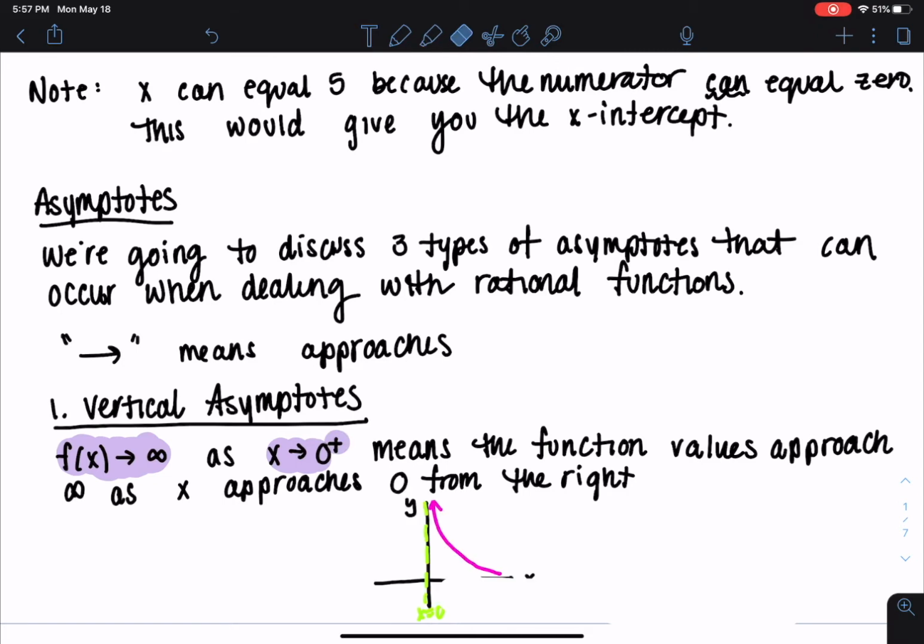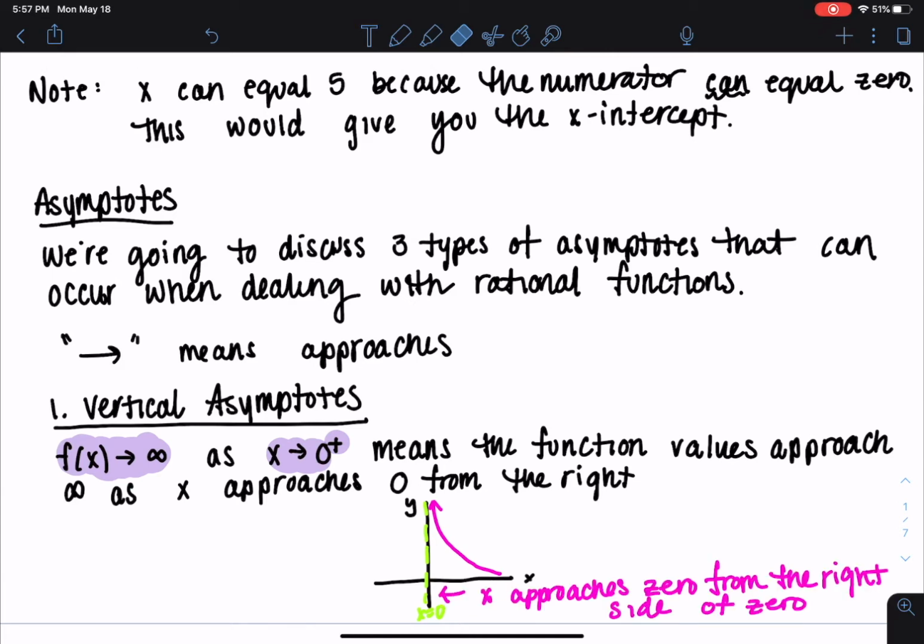If you look at this function, this would satisfy exactly what the statement says. As you're approaching 0 from the right-hand side, the y values are blowing up to infinity.